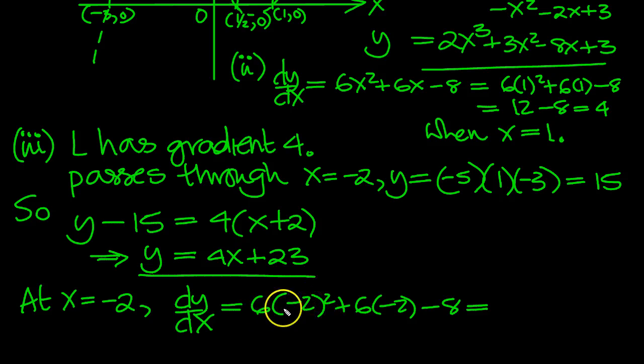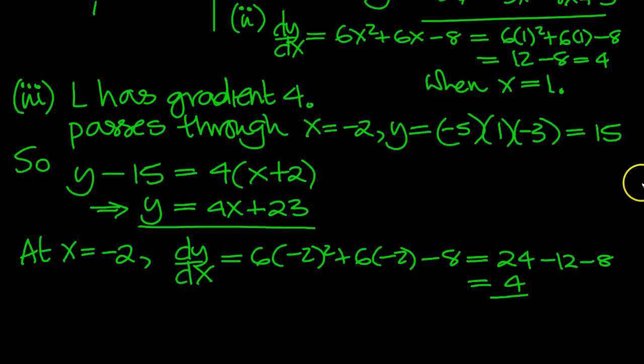Minus 2 squared is 4, 6 4s are 24. Minus 12, minus the 8. 24 take 20 is 4, so it is a tangent. So L is a tangent.